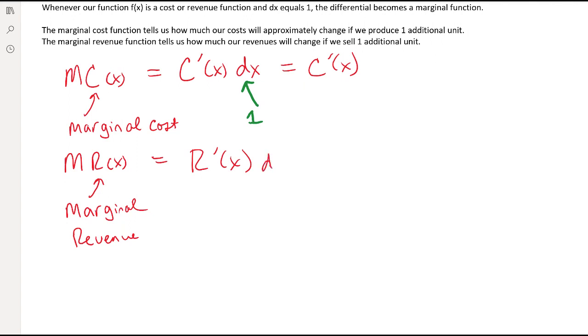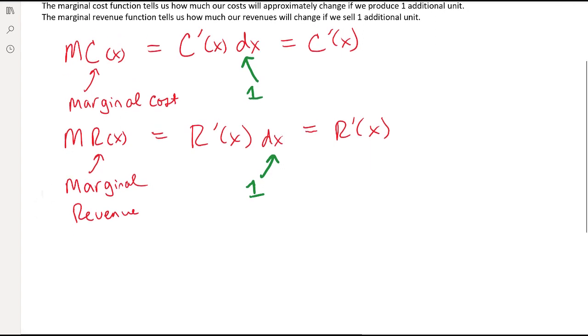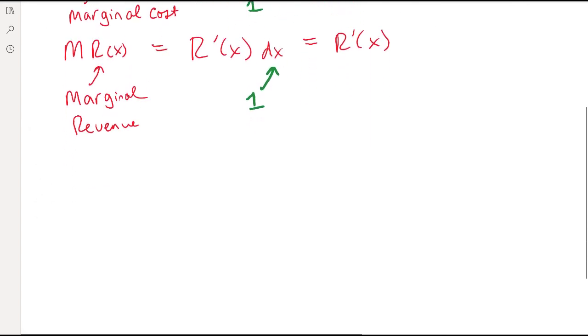It's really r prime of x times dx, but because it's marginal, dx equals 1. Therefore, this equals just r prime of x. So when you want to find a marginal cost or marginal revenue, simply take the derivative of the cost or revenue function. Let's go through several examples.